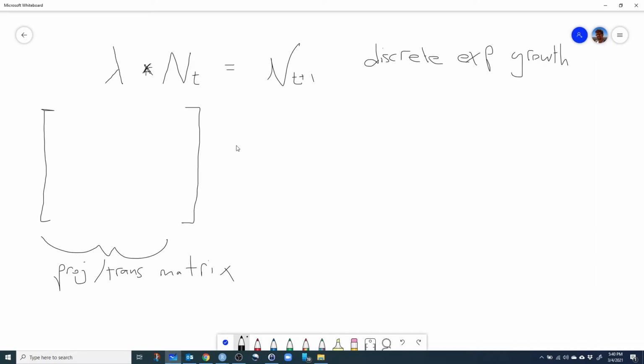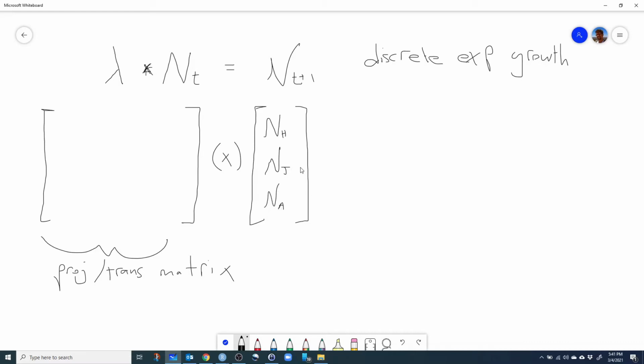And we're going to multiply, and we'll get into that in just a second. This is where the matrix multiplication comes in. So this multiplication symbol represents matrix multiplication. Multiply that by the abundance at time t, which is going to be, let's say, the abundance of hatchlings, the abundance of juveniles, and the abundance of adults.